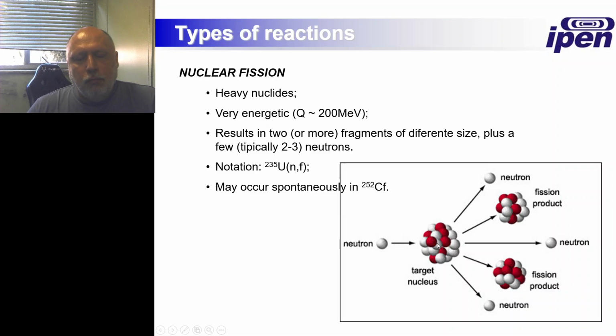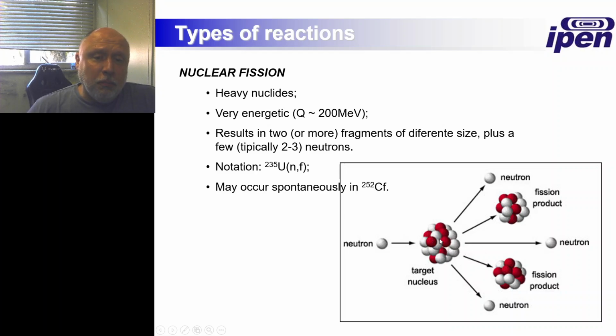One time you may have the fission happening, and you're left with something here like strontium something, and something here that's cesium something, and 3 neutrons. The other time it may be xenon here instead of cesium, and here maybe another thing. One time it may produce cesium 137, on the other one 134, and so on. And sometimes you have 3 neutrons, sometimes you have 4 neutrons, sometimes you have only 2 neutrons.